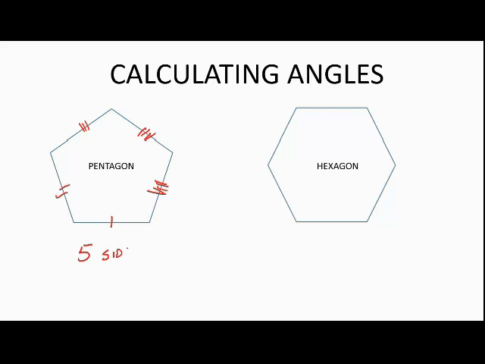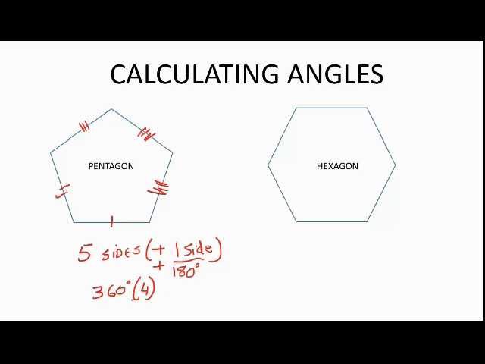What we've done here is add one side, or one straight line, or actually we've added another 180 degrees to the existing 360 degrees of a four-sided shape.